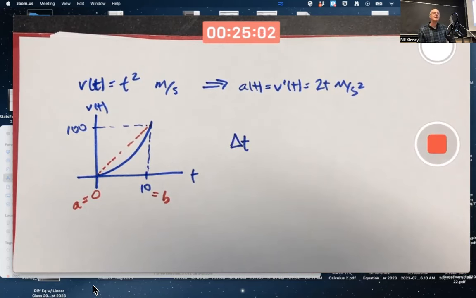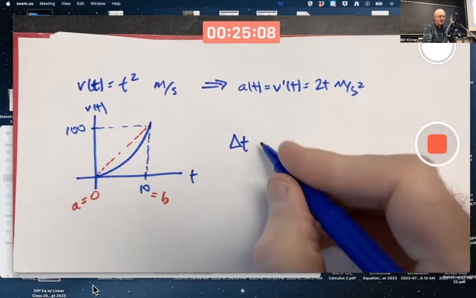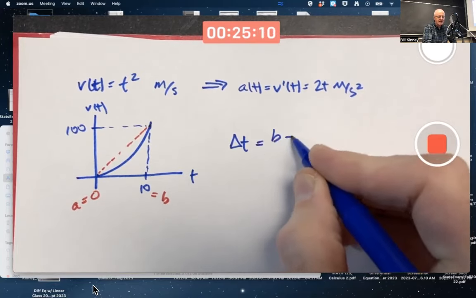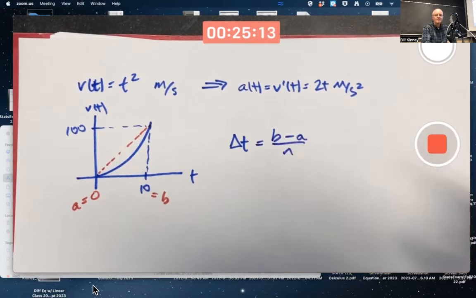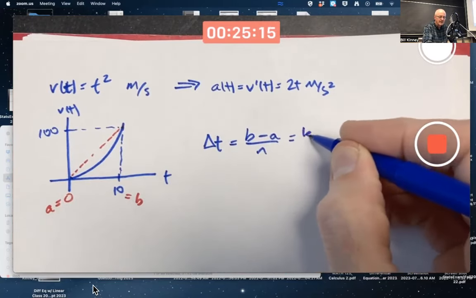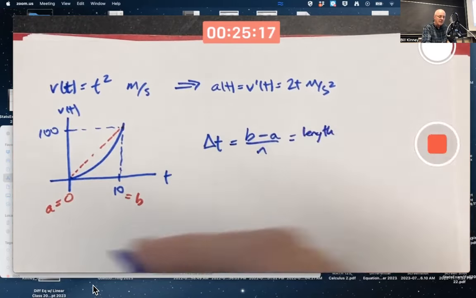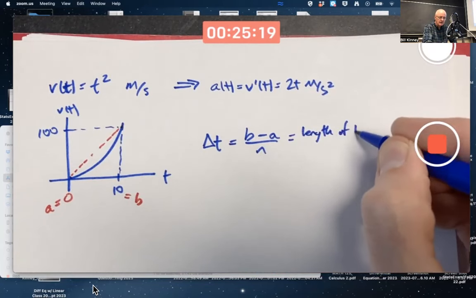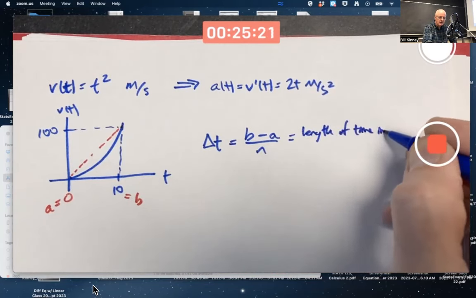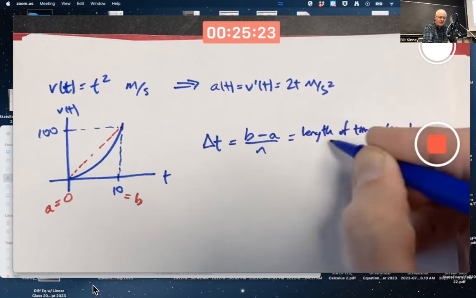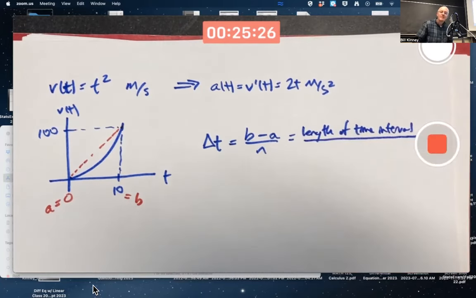But I'm going to not just write it down as a symbol, but actually come up with a formula for it. And the formula for it is going to be (b minus a) over n, which is the length of the time interval, divided by n. Well, what's n? n is going to be the number of approximating rectangles.